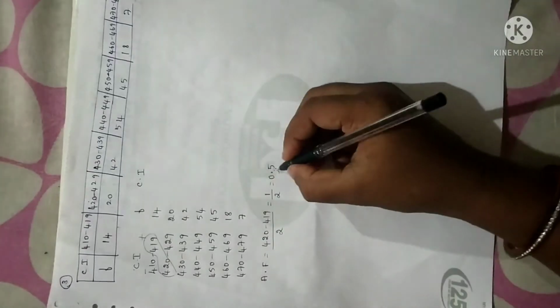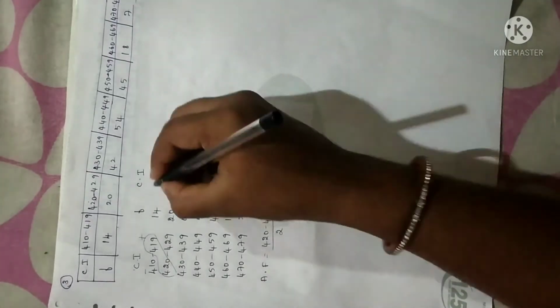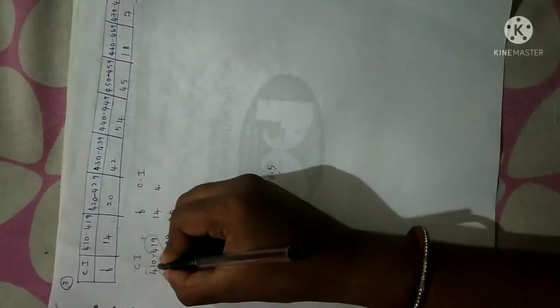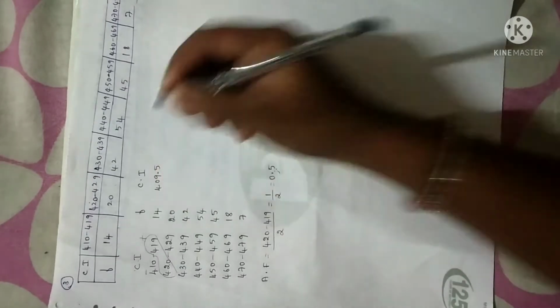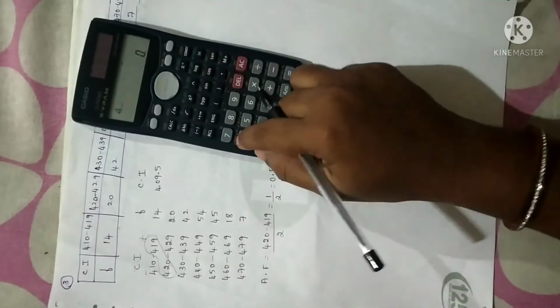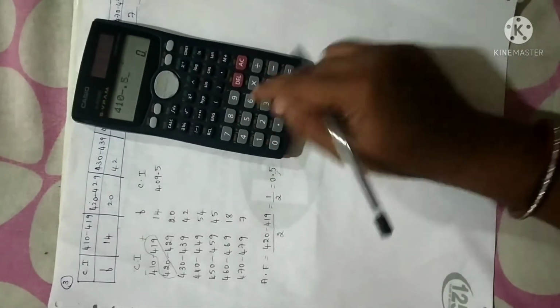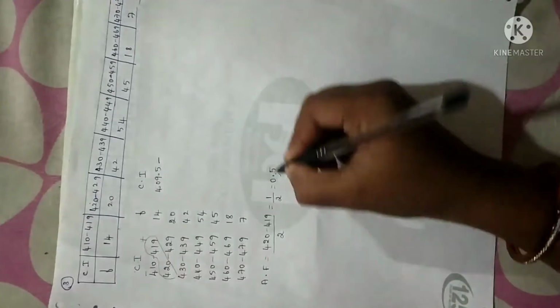So 410 minus 0.5 is 409.5. See here, 410 minus 0.5 is 409.5, to 419 plus 0.5.